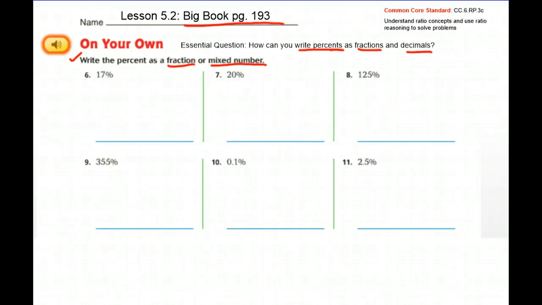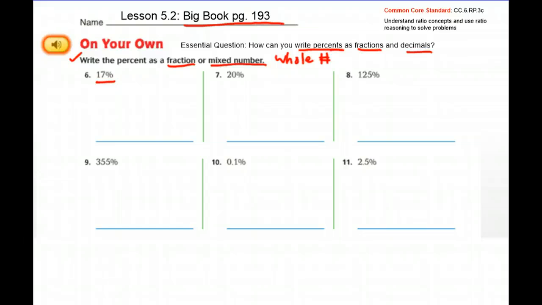First thing we're always going to want to take into consideration when converting a percent into a fraction form is that we always want to have a whole number percent. Okay? So we look at example 6. Example 6 has 17%.